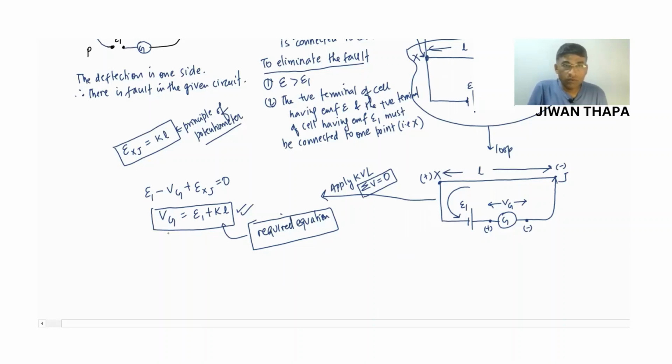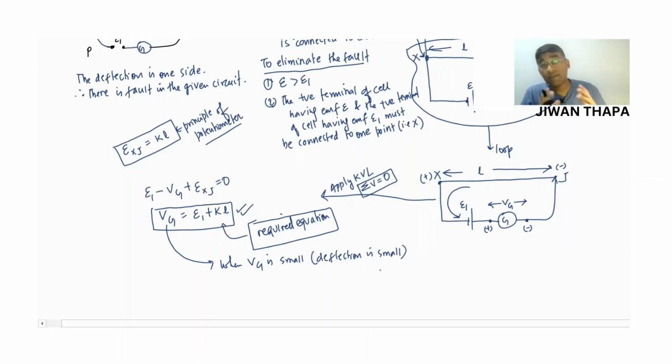Now when Vg is small, that is deflection is small. So when we have small deflection, then Vg is small.